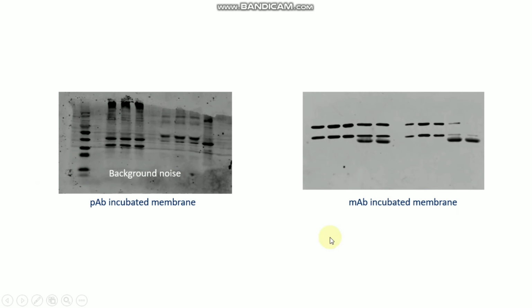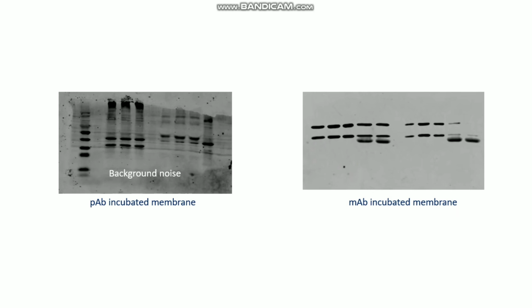But in the case of the monoclonal antibody incubated membrane, you can see these bands are very clear and the membrane is also clear as well. This is the main difference between polyclonal and monoclonal antibody incubation. So it is very important to select the right antibody for your Western blot or any other kind of experiment where you need to select the antigen or antibody.